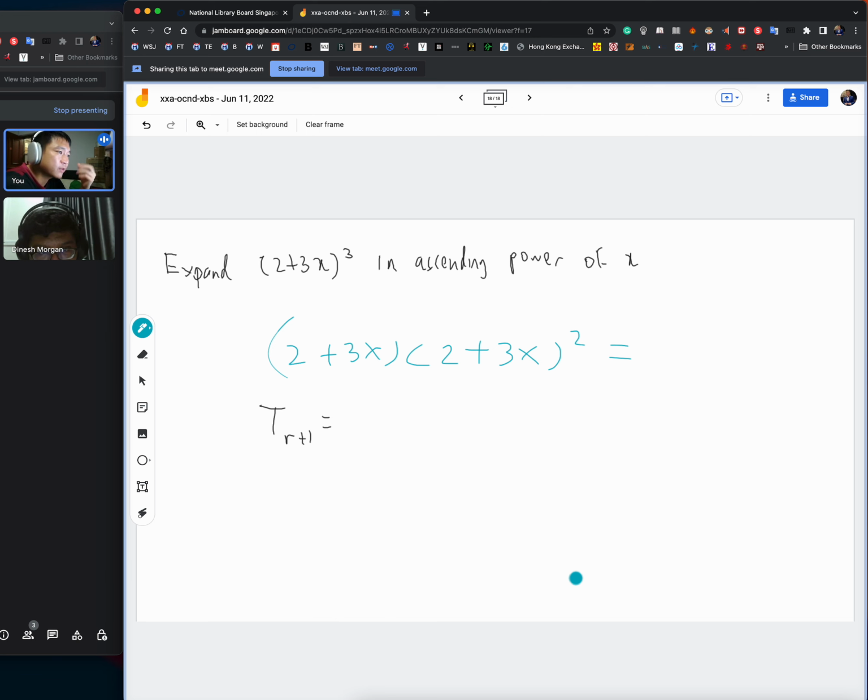If you look at the formula, I would say it's kind of scary at the start for students. It's the same, yes, it's the same. But what I'm trying to say is, if you look at the formula, I think a lot of students will switch off.